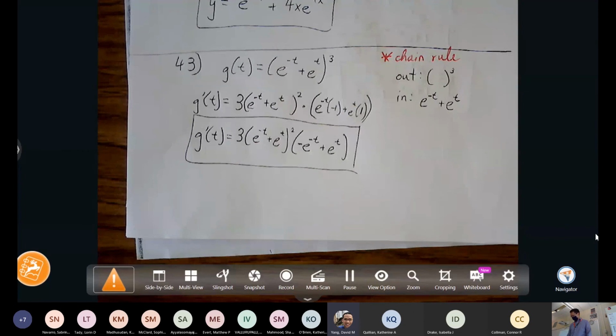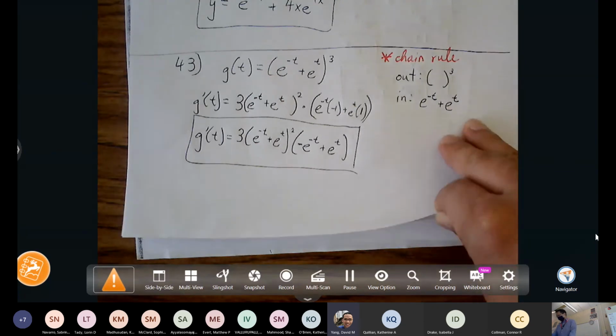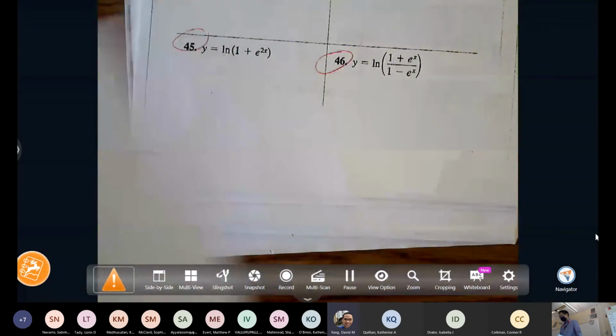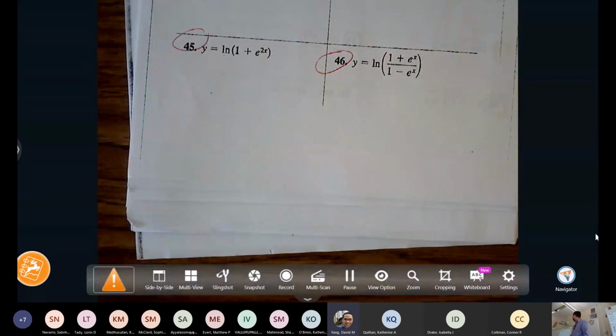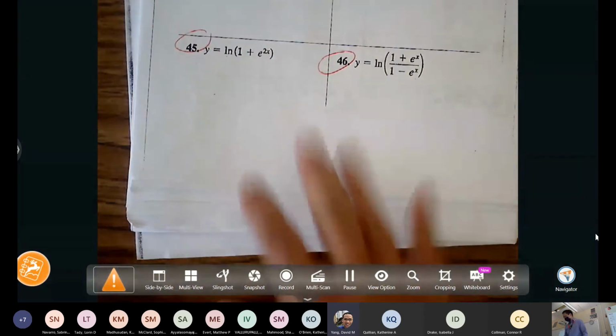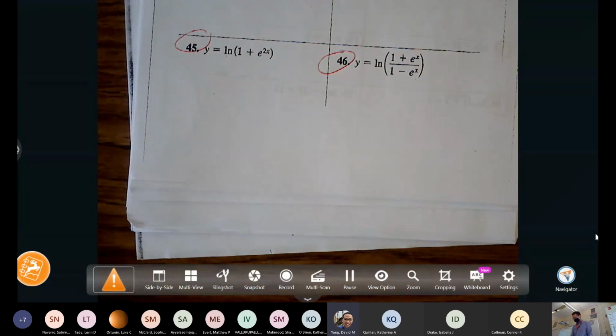Okay, let's look at 45. So 45, we can't expand, right? This is not in the form. We can't distribute the natural log through. We've got to jump directly into our derivative rule.